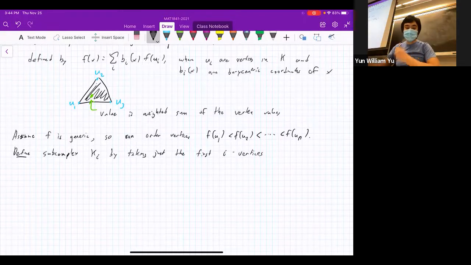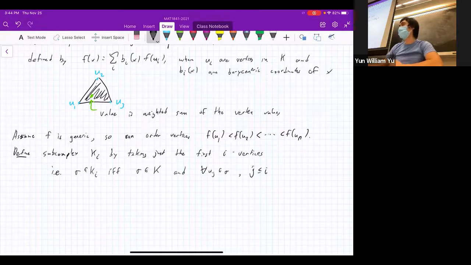I'll draw that out in a moment. So sigma is in Ki if and only if sigma has to be in K since it's a subcomplex, and for all uj in sigma, j is less than or equal to i. So all your vertices are present.